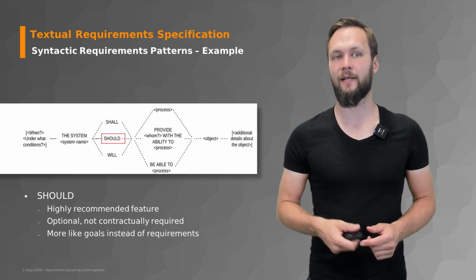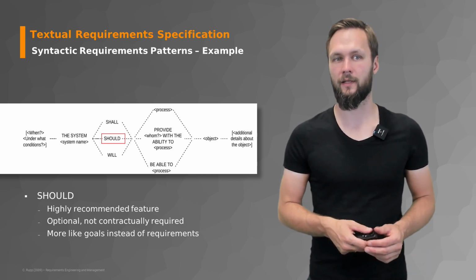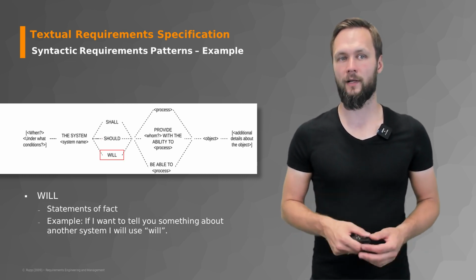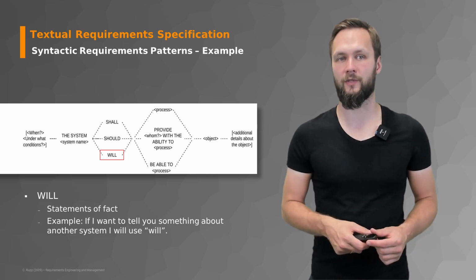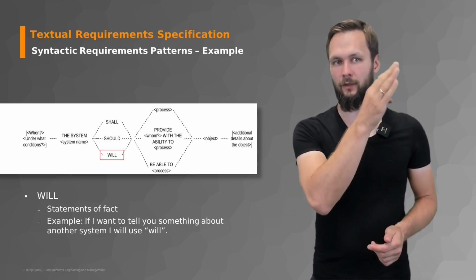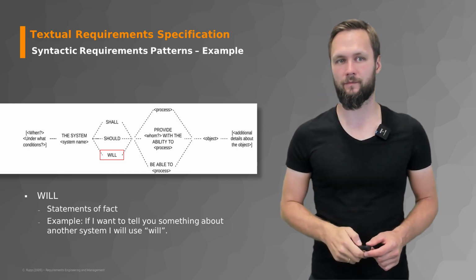Should is a highly recommended feature, optional, non-contractually required, and more like goals instead of requirements. And then will is a statement of fact. Example, if I want to tell you something about another system, I will use will. So first, when or under what condition, then the system, and then shall, should, or will.